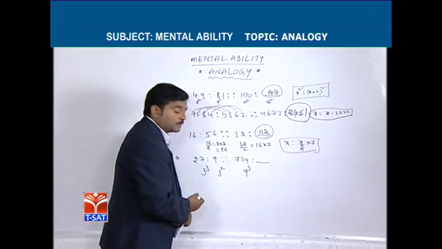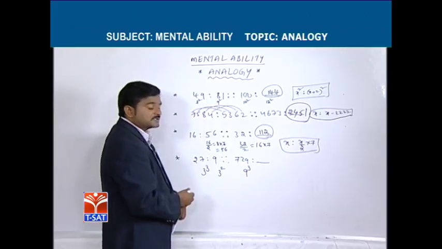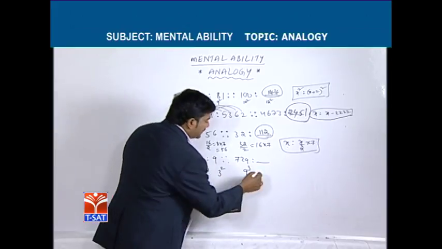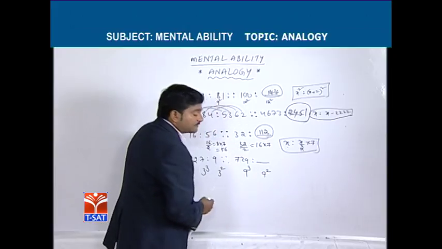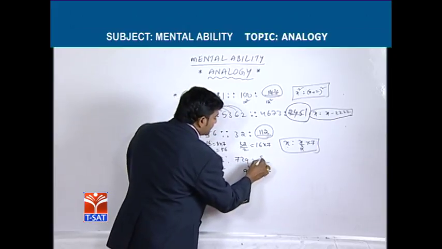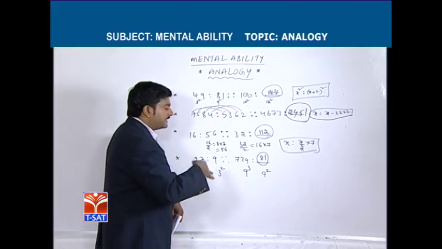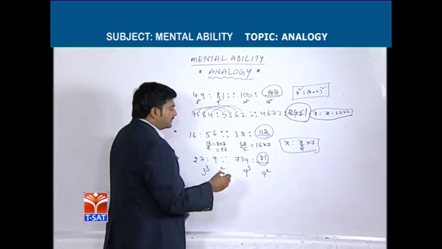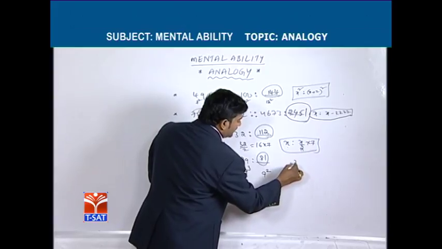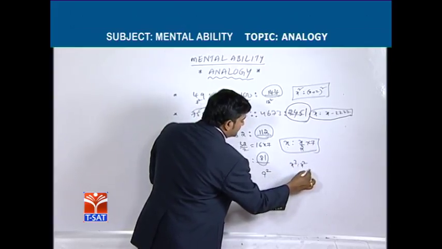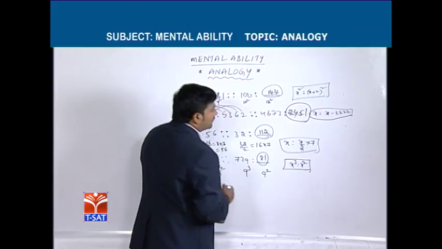Obviously 9 cube. So 3 cube, 3 square. That's why 9 cube, next what you have to get? 9 square you have to get. So 9 square means how much will you get? 81 you'll get. Now if you write in general, the concept involved in this question is what you can take here? x cube is to x square.